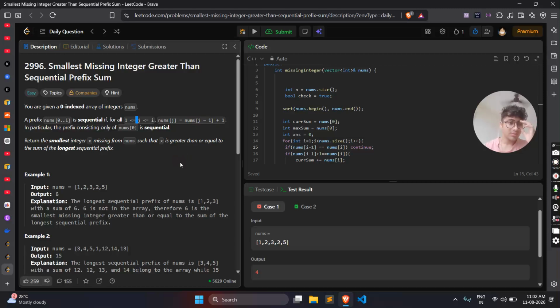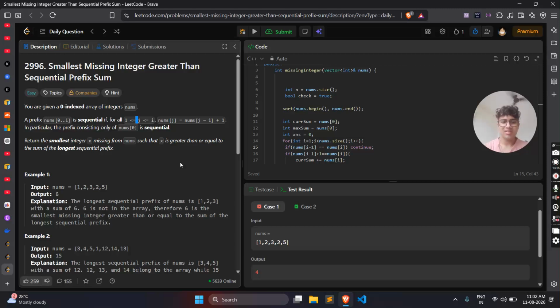In particular, the prefix consisting only of nums[0] is sequential. Return the smallest integer x missing from the whole array such that x is greater than or equal to the sum of the longest sequential prefix.